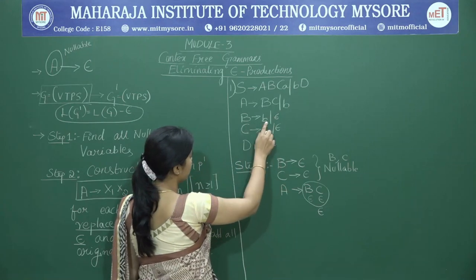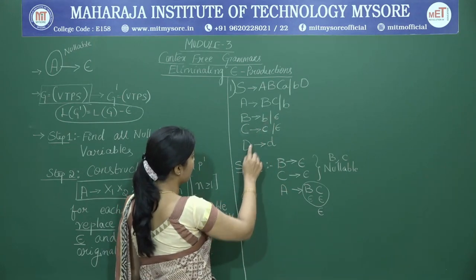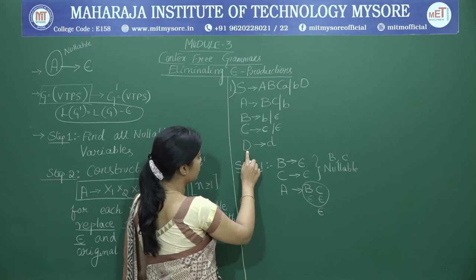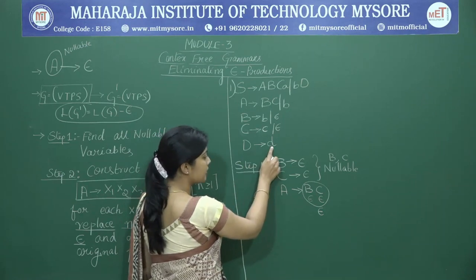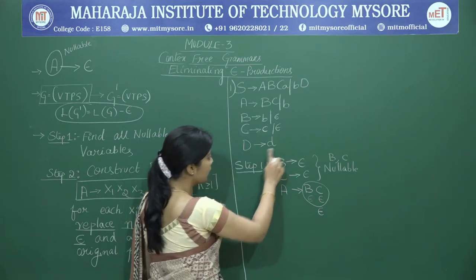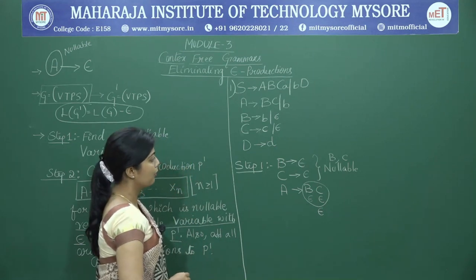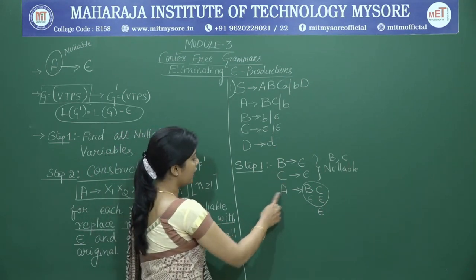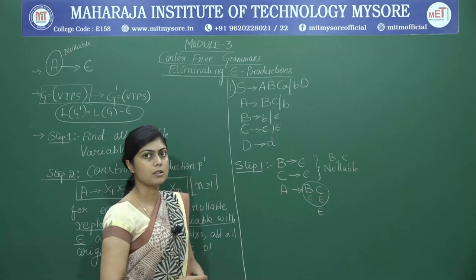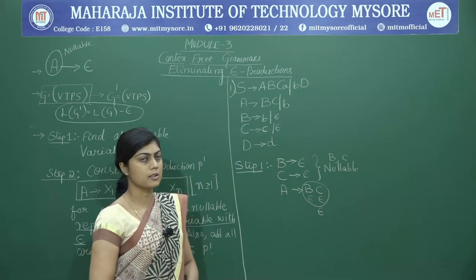Next, we see B and C, which are already considered. Then we go to variable D and see whether it can be nullable. It has a single terminal, so it can never become epsilon. Therefore, B, C and A are nullable variables. This is the end of the first step.